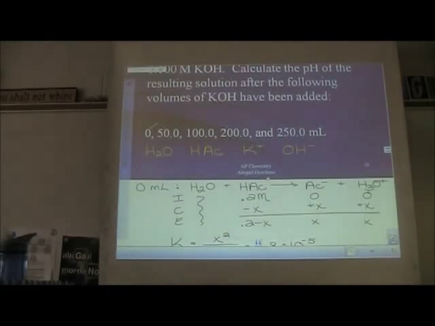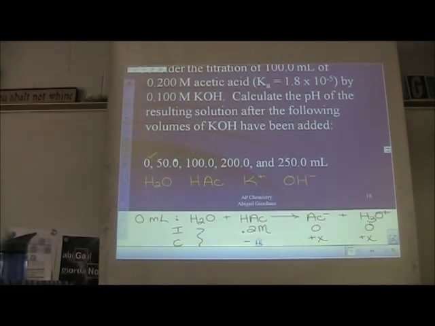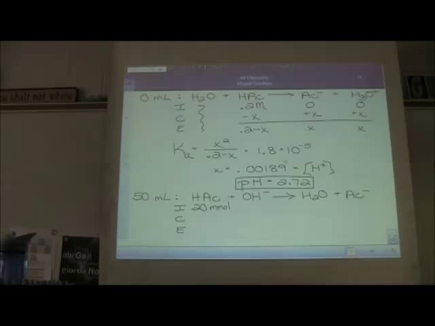Let's do OH minus. Here's the volume. Here's the molarity. Give me a number. Moles or millimoles, your choice. Here's the molarity, here's the volume. Five what? 5 millimoles.